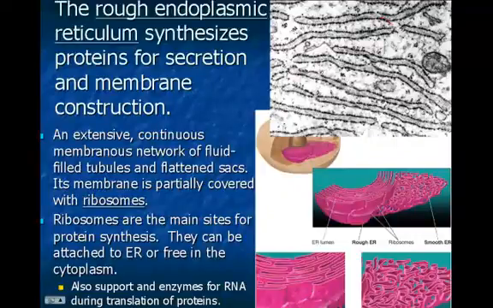And so the rough endoplasmic reticulum's function is to make proteins that are going to be secreted, meaning proteins that are going to be sent out of the cell, okay, or proteins that are going to be sent to the membrane, okay? But not proteins that are going to stay inside the cell.